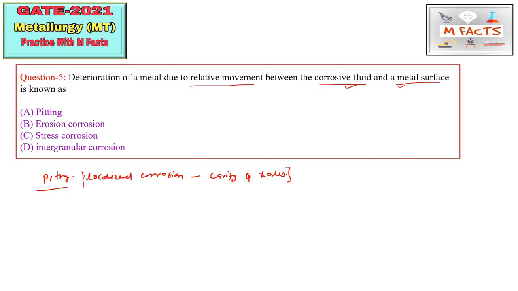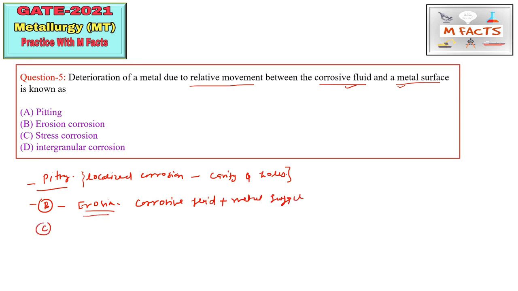The B part is erosion corrosion, where relative movement between the corrosive fluid and metal surface takes place.